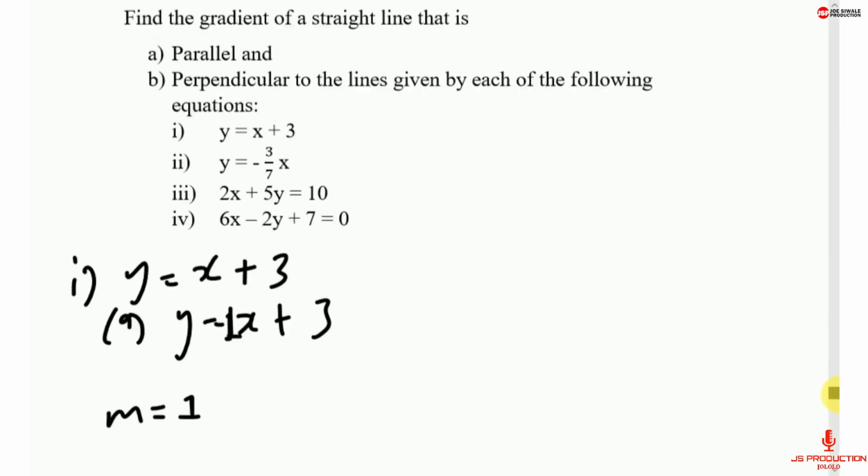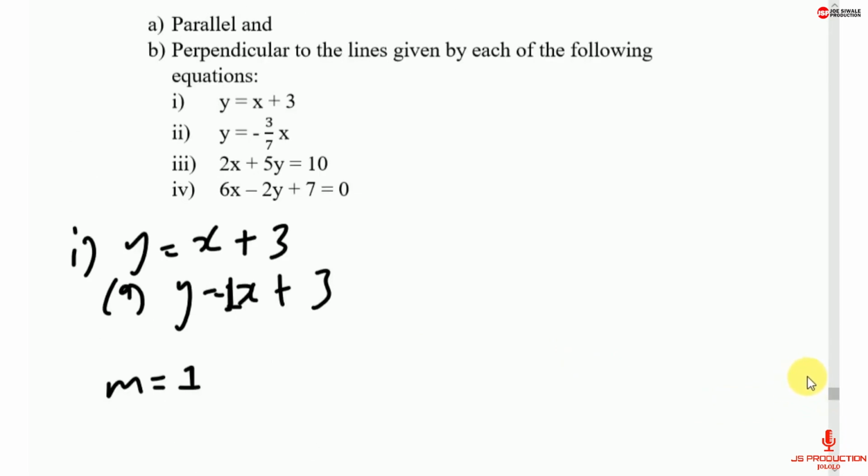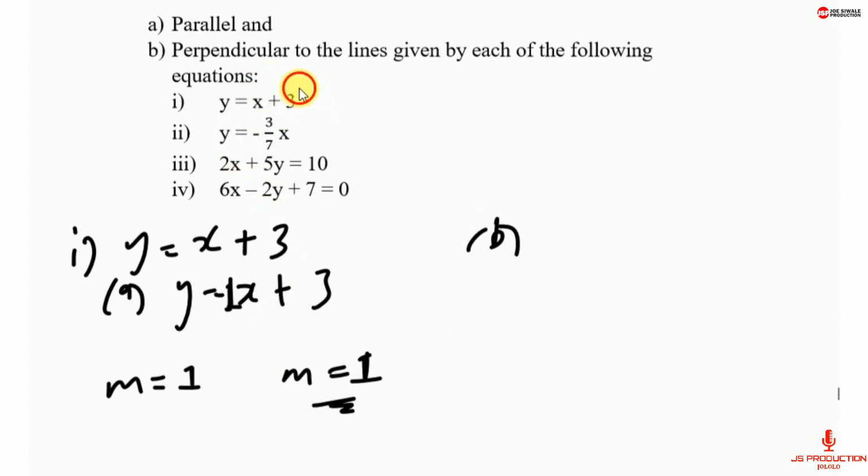So the gradient of our parallel line is going to be equal to 1. Let us look at B. We have calculated that the gradient of the parallel line will be 1.